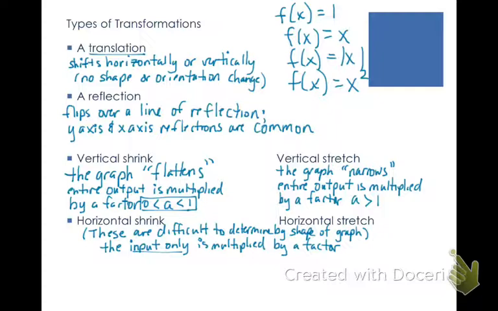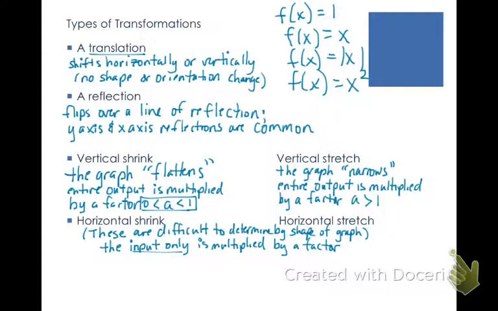We're going to talk more specifically a little later on in the next section of notes about where those values are exactly in the equation. But right now I just want you to know in general, when we say a translation, it simply means that the graph of the function will either scoot left or right or up or down. There's no shape or orientation change.